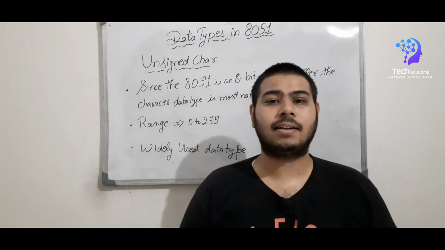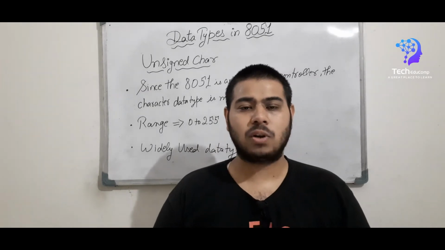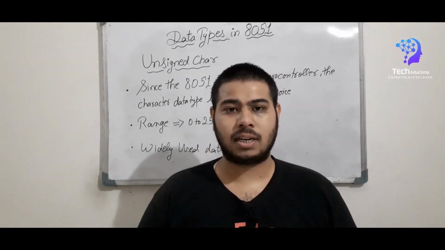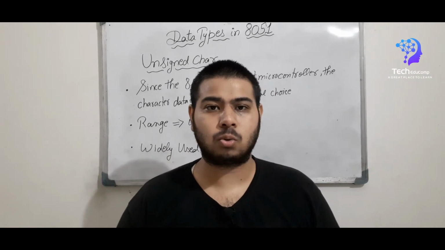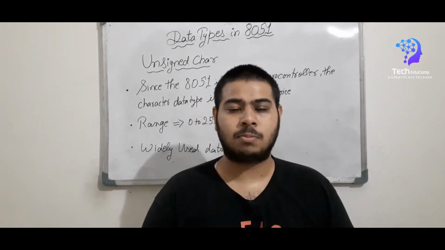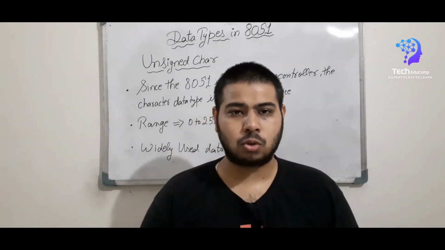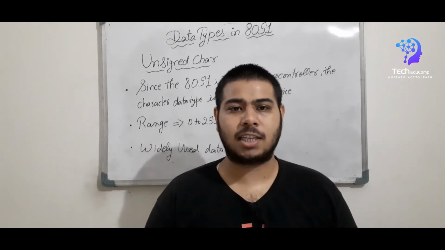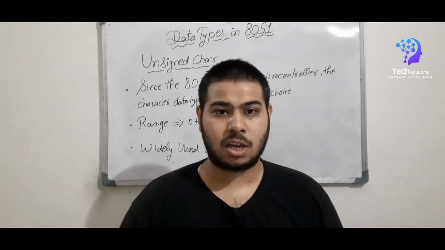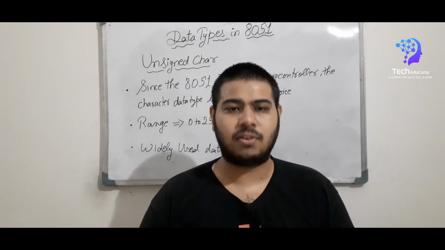When you run that program on a simulator, you will notice that on port 1 the values from 00 to FFH are displayed in binary form. So this was a basic example program for this data type. I hope you understand the first data type.